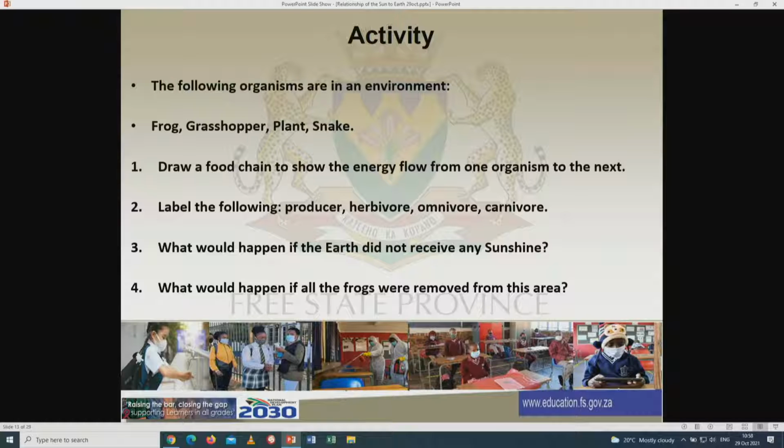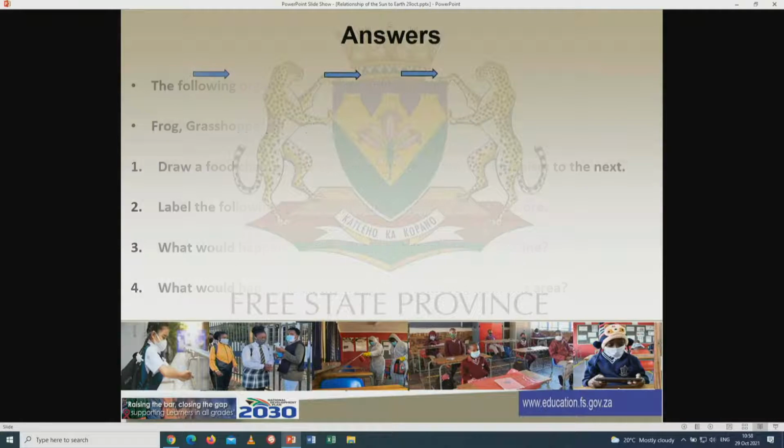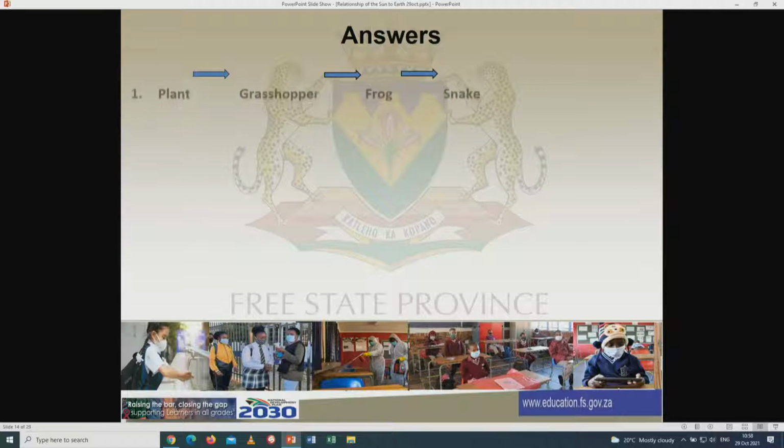Now let's discuss the answers. For question number 1, where we asked you to draw a food chain to show the energy flow from one organism to the next, this is what you should have drawn. First the plant, grasshopper, frog, and lastly snake.